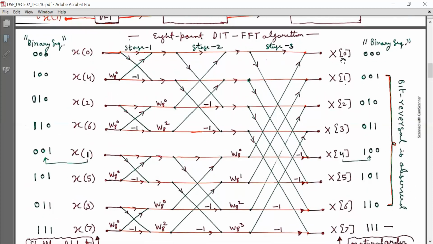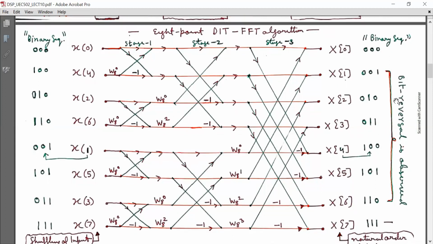So this is capital X[k] at k equal to 0. And in binary sequence, k equal to 0 is 000, k equal to 1 is 001, k equal to 2 is 010, k equal to 3 is 011. So if we observe carefully, we see that between input and output, in the index, there is bit reversal.